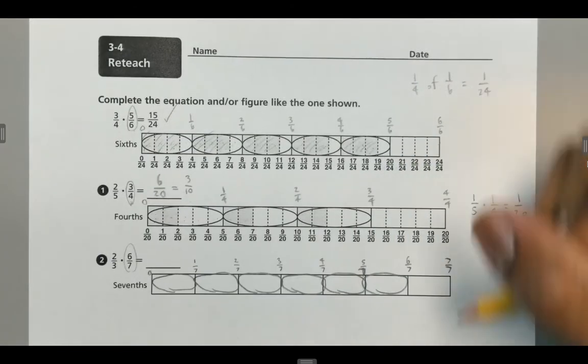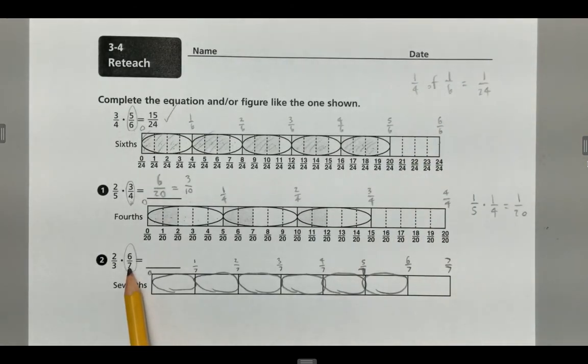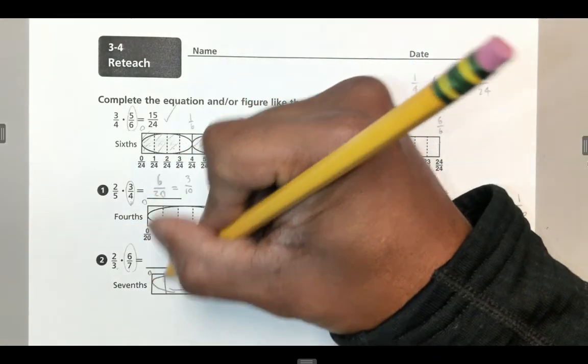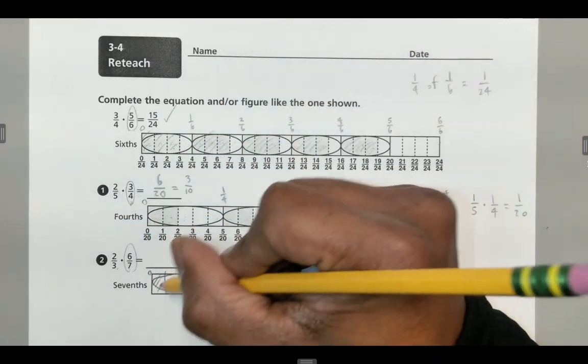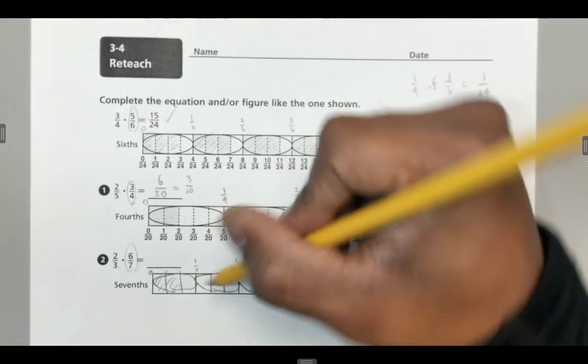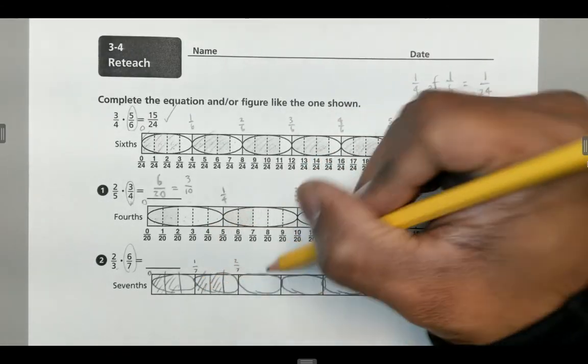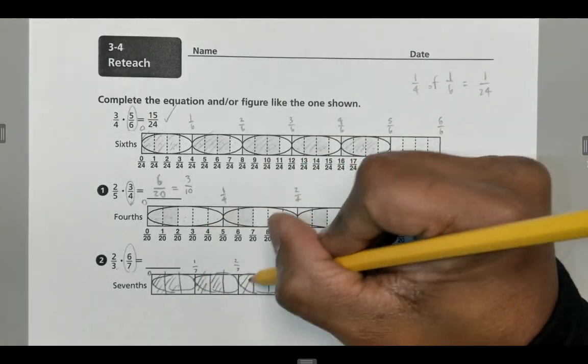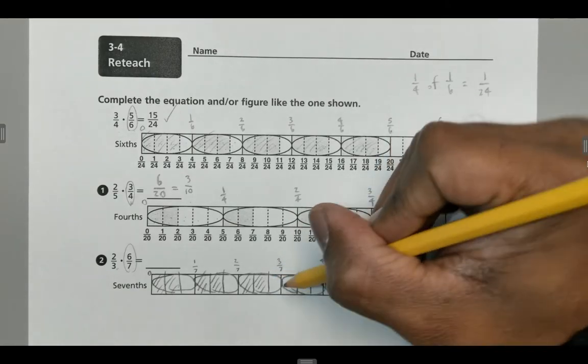Now my model shows 6/7, but I'm trying to then add on the 2/3. For each of these circled off sections, I need to show 2/3. So I'll divide this into 3 equal parts, shade in 2 of them to show 2/3. 3 equal parts, shade in 2 of them. 3 equal parts, shade in 2 of them.